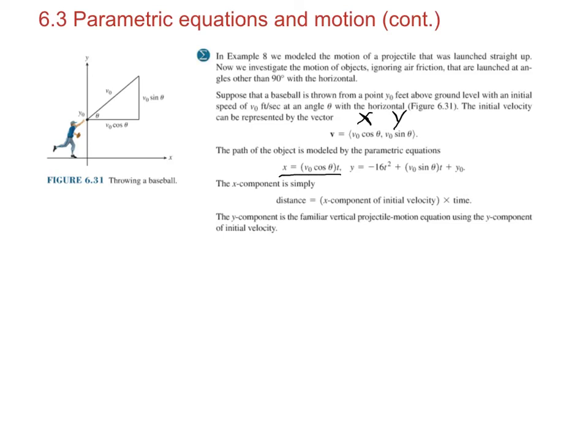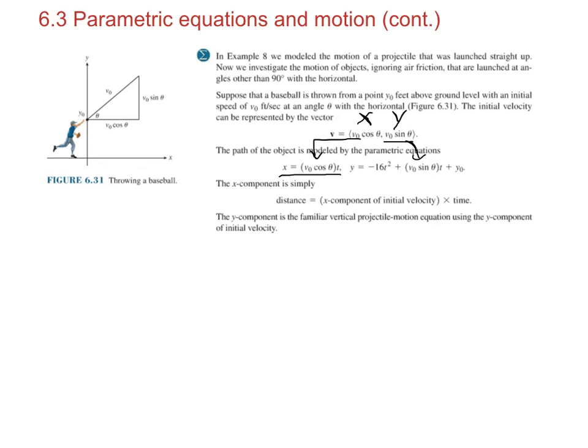So we're just taking this and plugging it in there, and then the y component of the projectile motion equation is, again, the y component from initial velocity, and that is inserted into the standard vertical projectile motion equation that we use, the negative 16t squared plus initial velocity times t plus initial height.